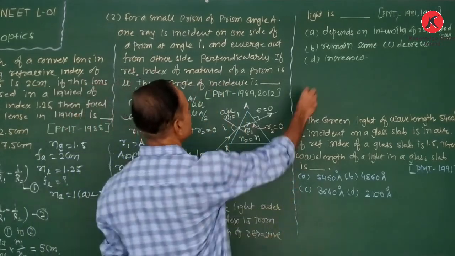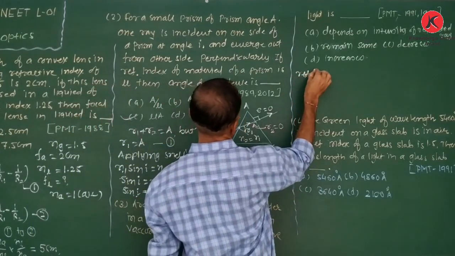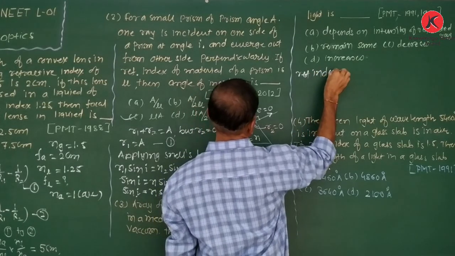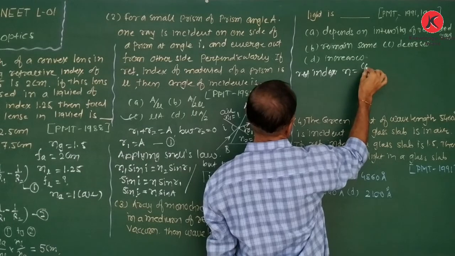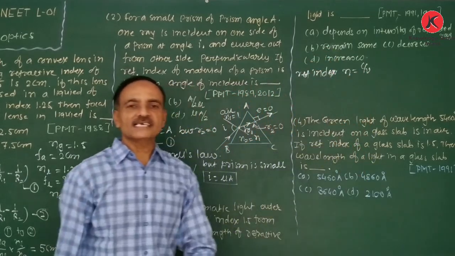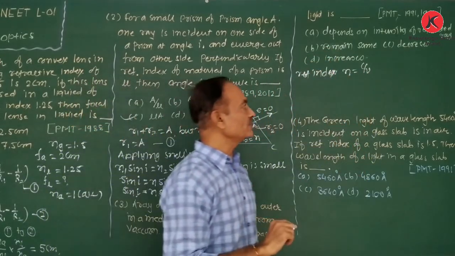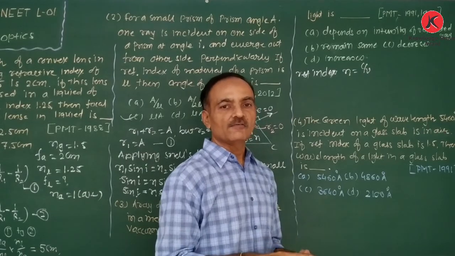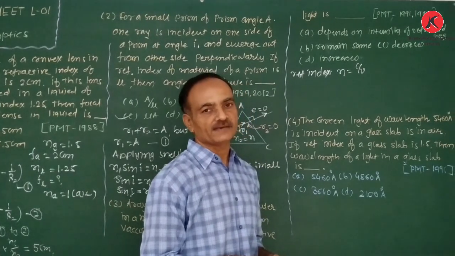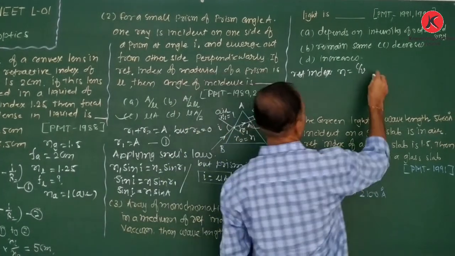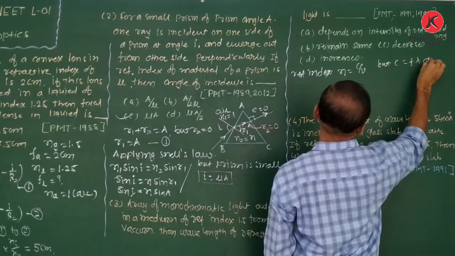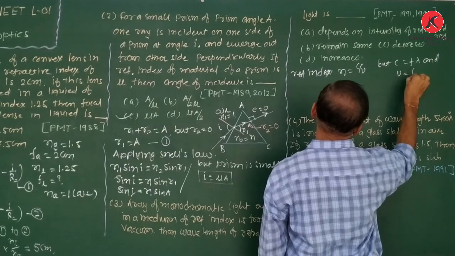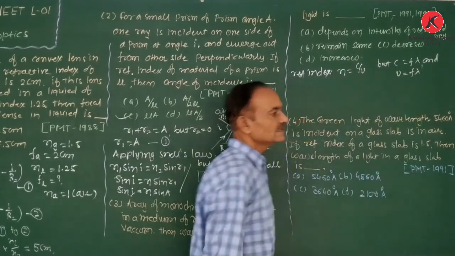Now we know that, from the definition of refractive index, n is equal to c upon v. c is the velocity of light in a vacuum, while v is the velocity of light in a given medium. But we know that c is equal to f lambda and v is equal to f lambda dash.